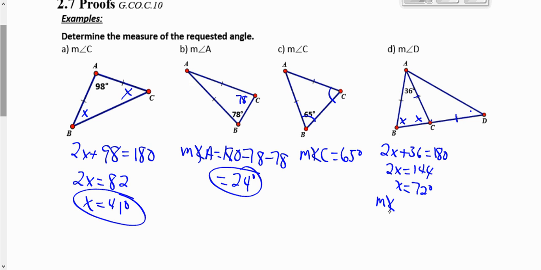What do these two angles add up to? 180 minus 72, which is what? 108. Couldn't you just add 36 and 72? You could, yeah.